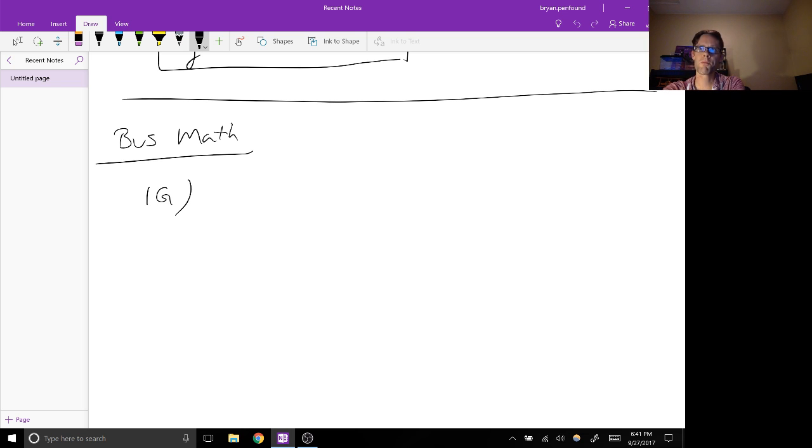Okay, so back over to that practice test. Let's work through question 1G. It says the total cost to produce one candle is 45 cents. So that looks like capital C to me.